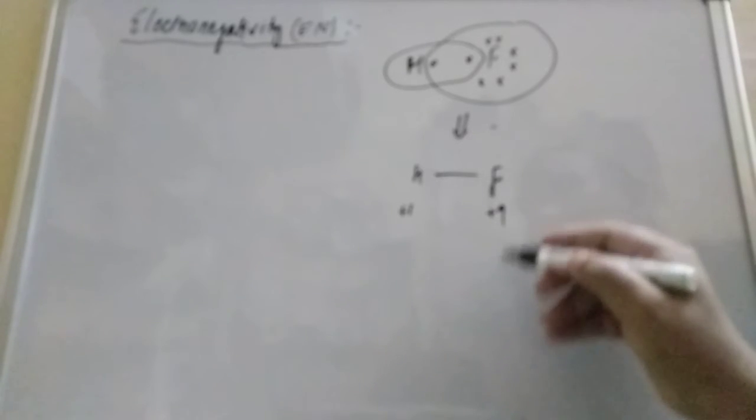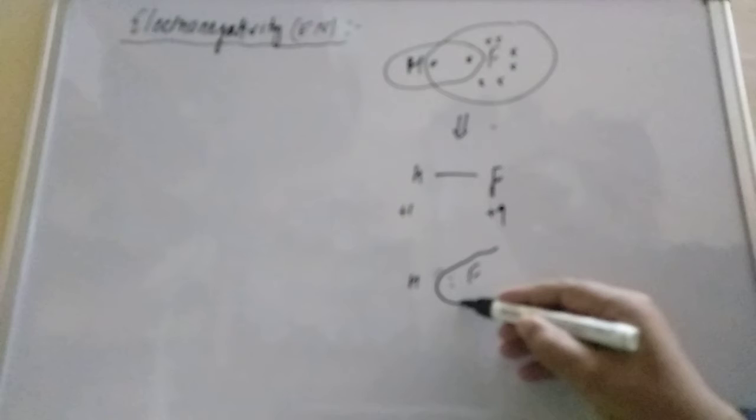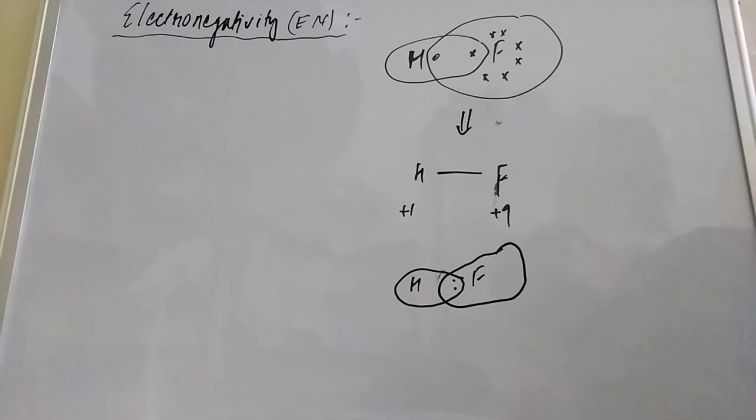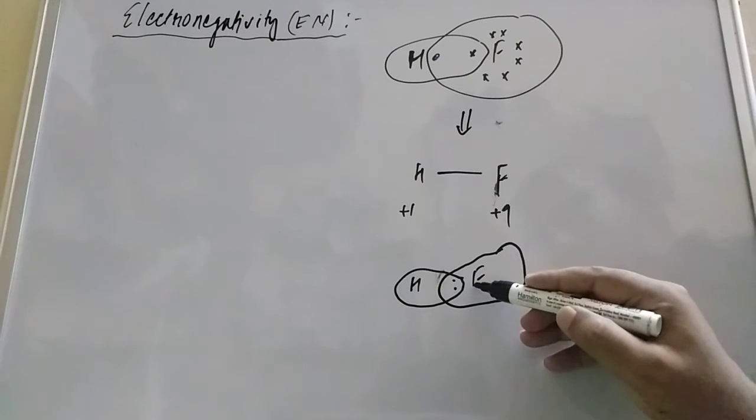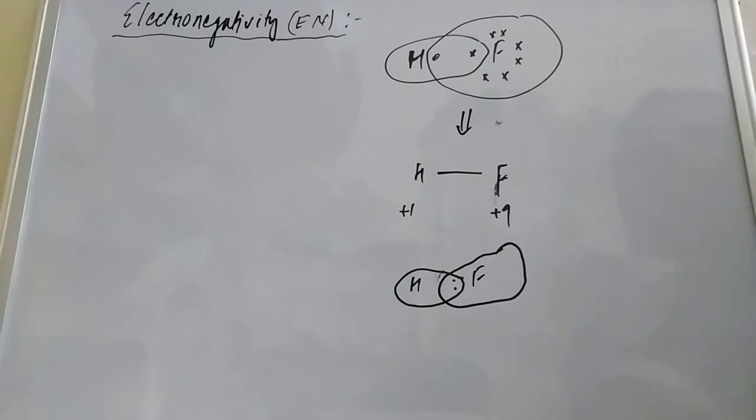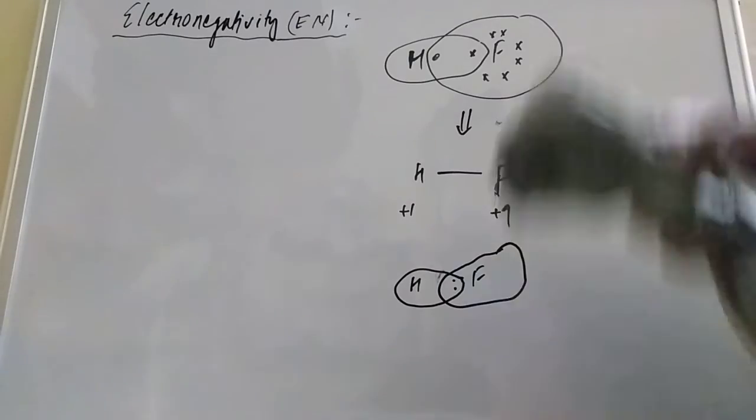So the plus 9 will pull these 2 electrons towards the fluorine atom, and the hydrogen atom will have less electron density. This pulling of electrons towards the more electronegative atom is known as electronegativity. Now let us write the definition.